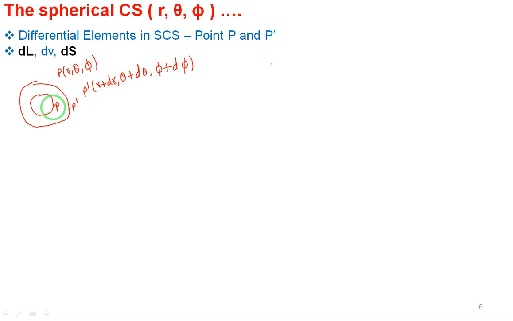Okay, you can imagine P is on the smaller sphere and P dash, and between this P and P dash there forms a volume. Now it is appearing like 2D, but actually take that piece, right? I will draw the cross lines. This is the volume that is formed. This volume I am going to show in the next diagram, how actually it looks, between point P and P dash.